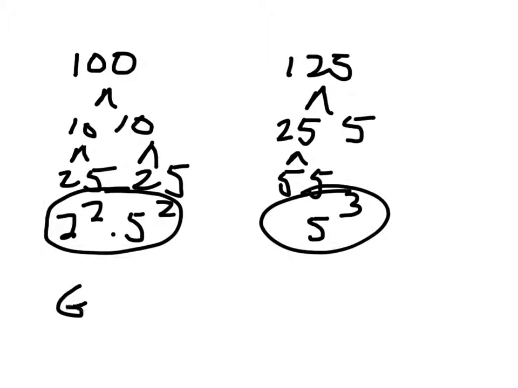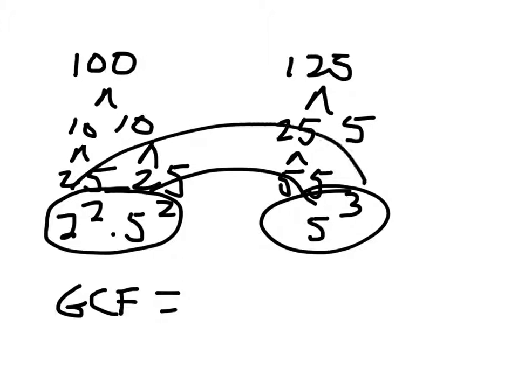Now I'm going to find the greatest common factor. What's common in both of these? Do you have 5's in both of them? Answer is yes. Do you have 2's in both of them? Answer is no. So you don't have 2's in both of them. But I do have 5's in both of them. How many do you have in common in both of them? Now here you have 2 5's. Here you have 3 5's. Do you have 3 5's common in both of them?